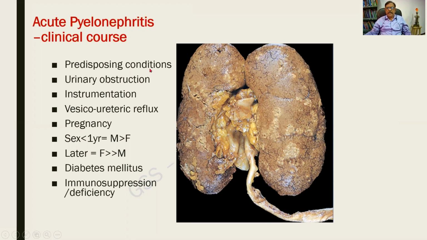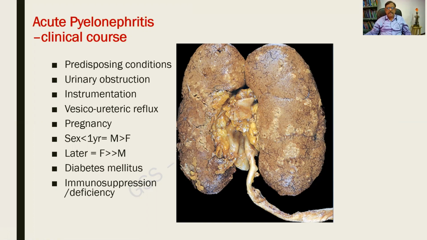The predisposing conditions can be urinary obstruction, any form of urinary obstruction. We have seen the chapter on hydronephrosis. So it can be a posterior urethral valve or it can be a case of benign prostatic hyperplasia or it can be a lymphoma, etc. All of this can lead to a urinary obstruction.